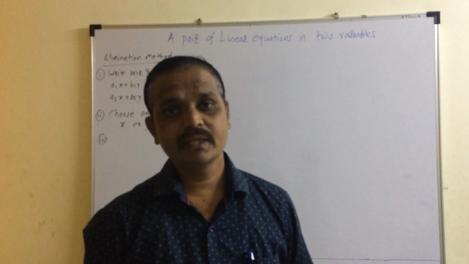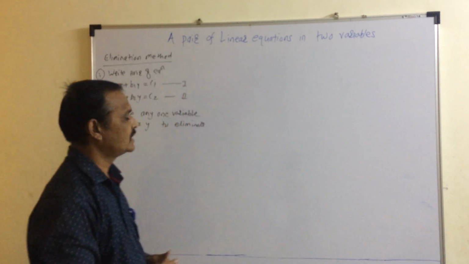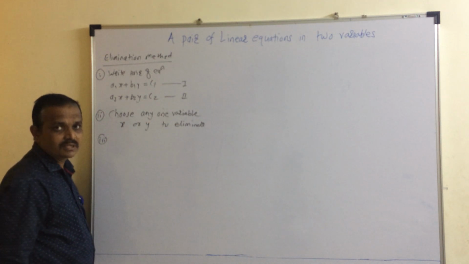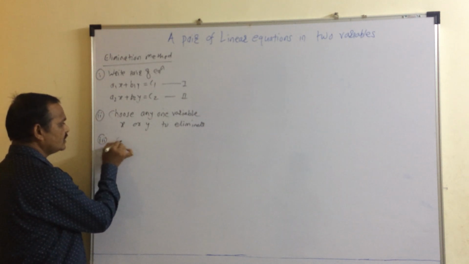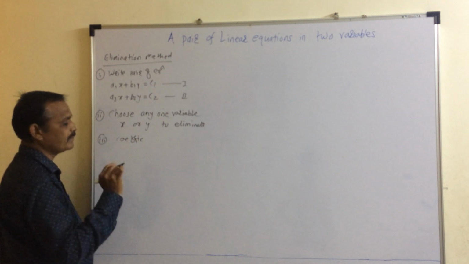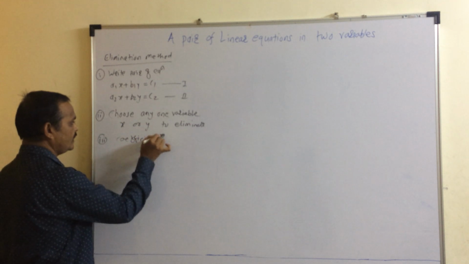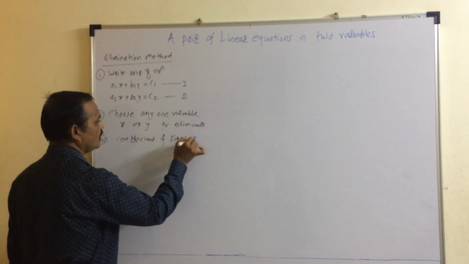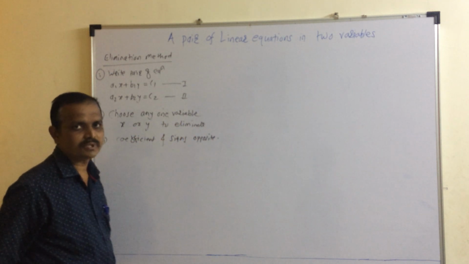First we make their coefficients equal and signs opposite. That means we first select any one variable to eliminate, and make that variable's coefficient the same and keep its signs different or opposite.